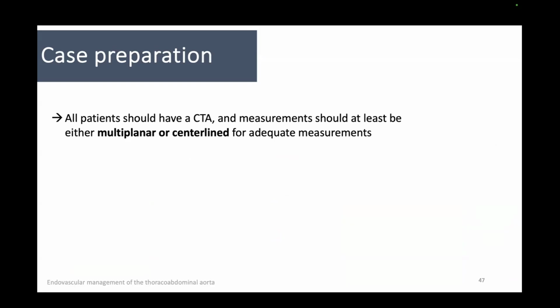For case prep, now that we have the material done and we know what kind of team we have, all patients should have a CTA, and measurements should be done at least by multiplanar reconstructions for TEVARs and centerline reconstructions for complex repairs.